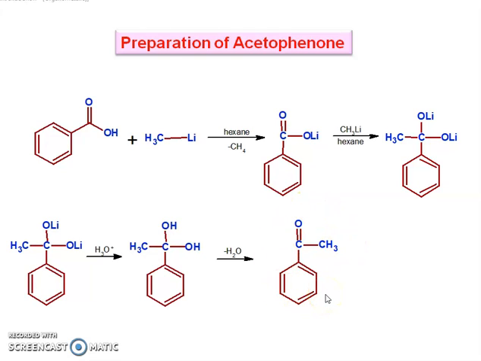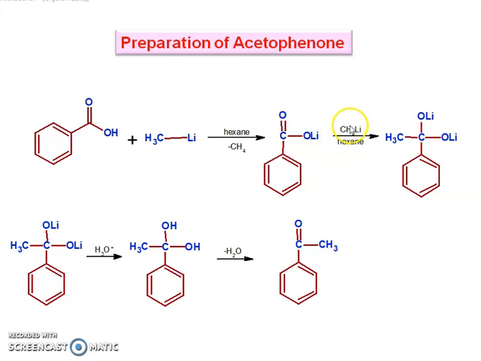So how will you do these reactions? Methyl lithium attacks the carbonyl carbon to form an intermediate, and in the intermediate the oxygen has a negative charge and lithium carries a positive charge.